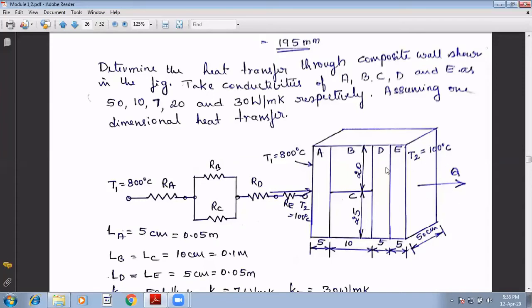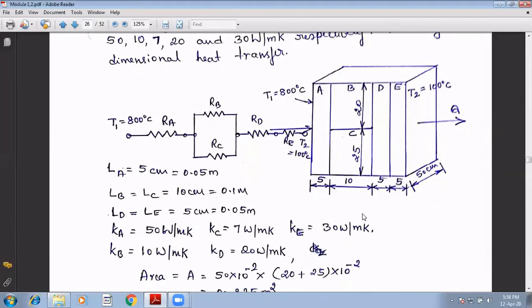That is the area for slab A, slab D as well as slab E. But for slab B and slab C, the width remains 50, whereas the height differs. For slab B, the effective area is 50 by 20, whereas for slab C, it is 50 by 25. The thickness of individual slabs is given as 5 centimeter, 10 centimeter, 5, 5.